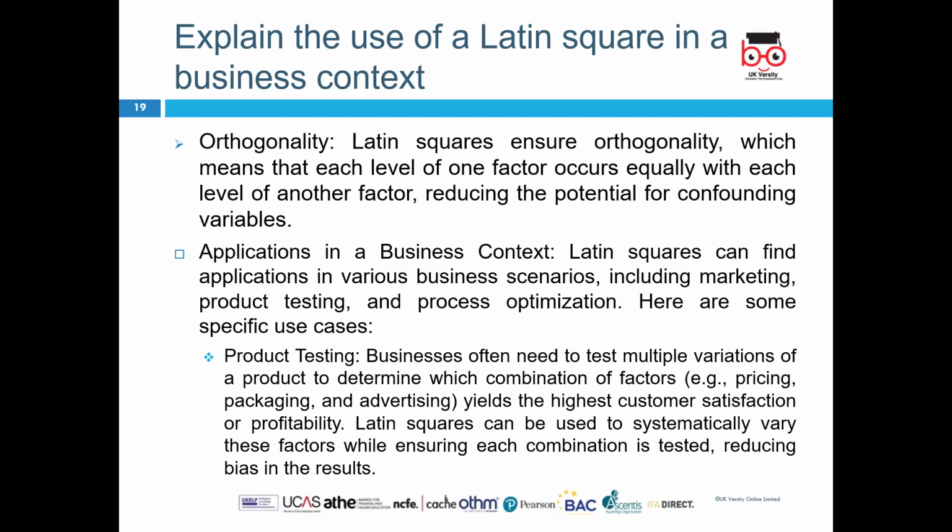The factors may include pricing, packaging, and advertising, which lead to the highest acceptance of the product and high customer satisfaction. Latin squares can be used to systematically vary these factors while ensuring each combination is tested, reducing bias in the results.